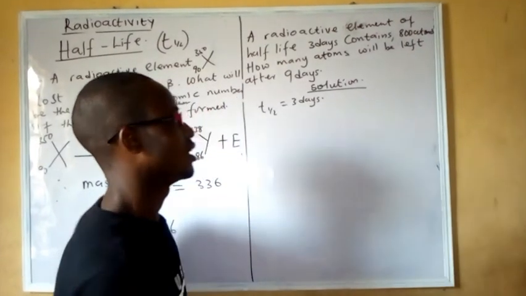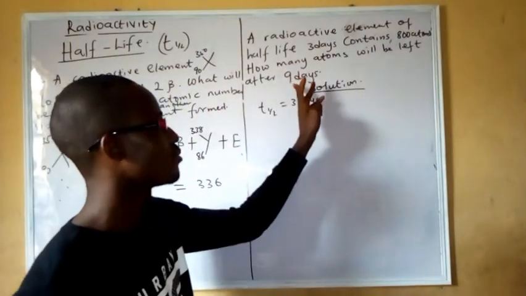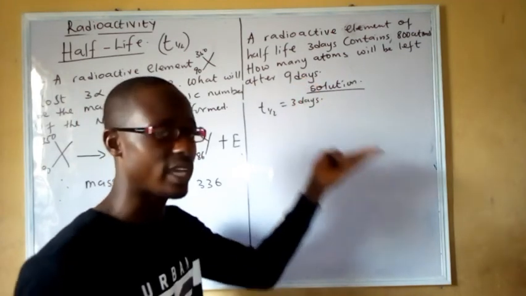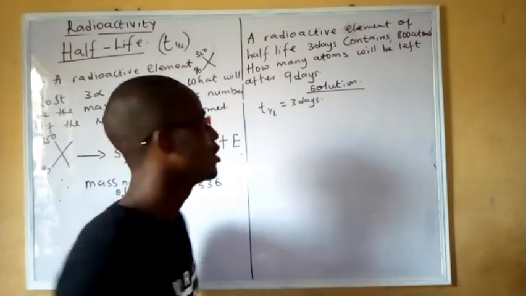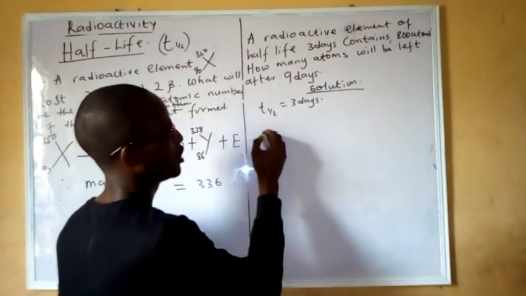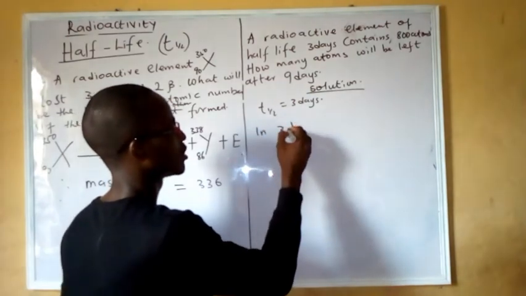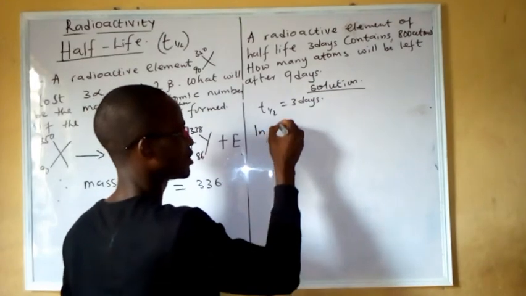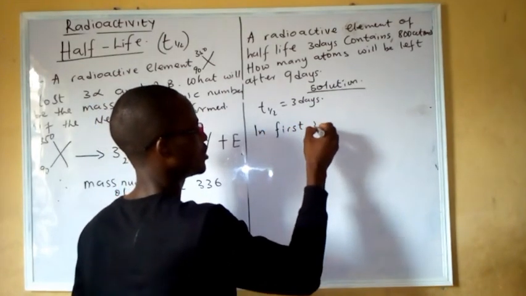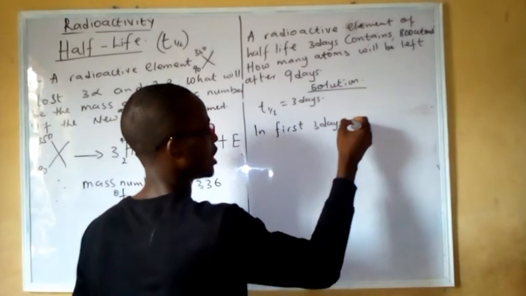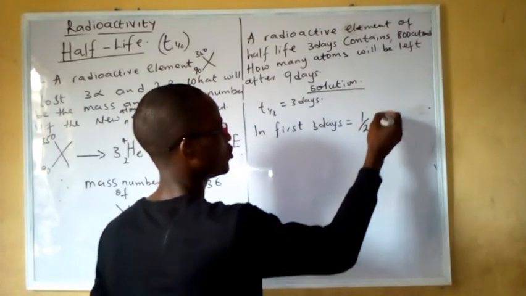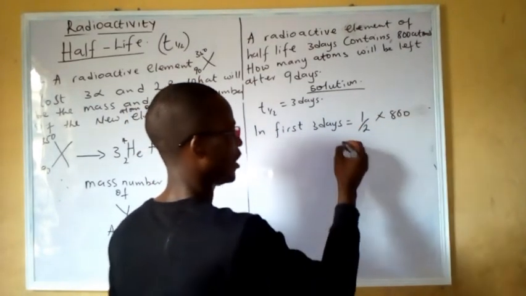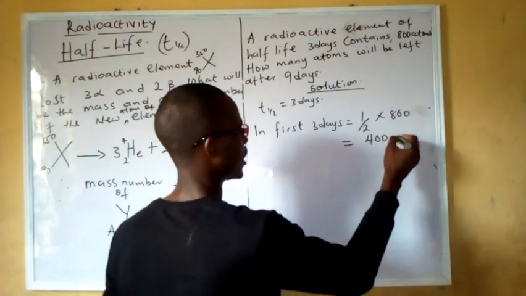So how many half-lives are within the 9 days? We are going to have 3 half-lives. In the first 3 days, which is one half-life, 1/2 times 800 atoms will be left, and that will give us 400 atoms.